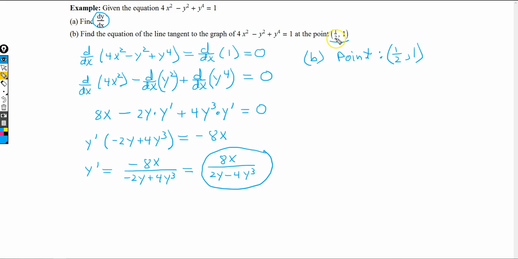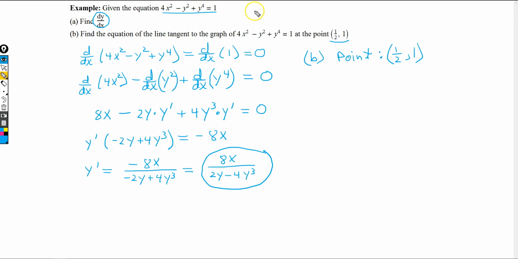Now when we're given this point, just notice one thing. This point is a solution to this equation up here. If I put 1/2 in for x and 1 in for y, that is a solution to this equation. So this point sits on this curve.